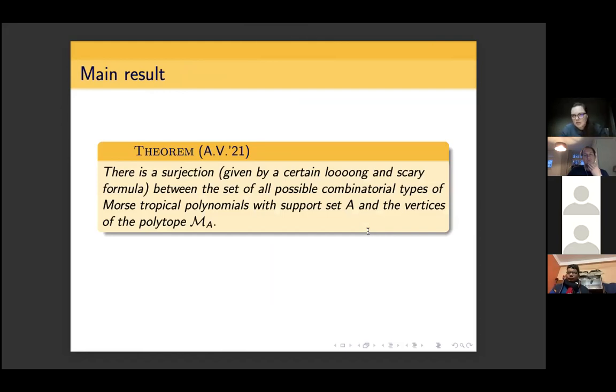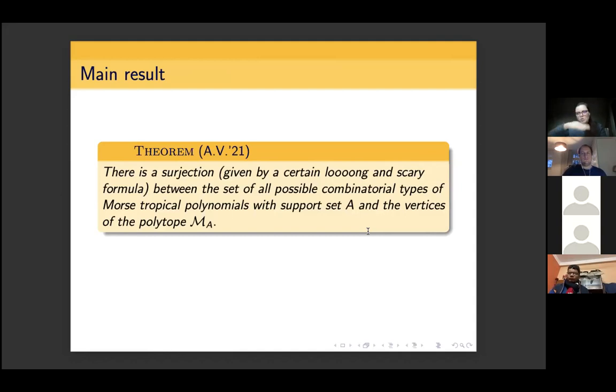So the result that I got was that I established a surjection between the set of all possible combinatorial types of Morse tropical polynomials with the given support set A and the vertices of the Newton polytope of the Morse discriminant. And I have to emphasize that this is a surjection. So there might be, and there certainly are, cases when different combinatorial types of Morse tropical polynomials, so different tuples of data, give you the same vertex.